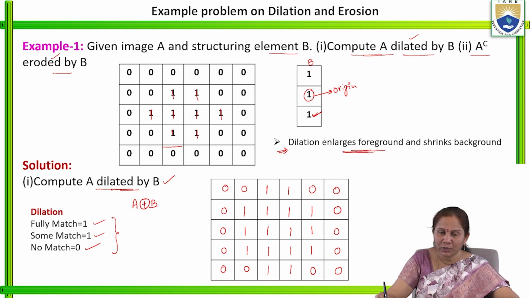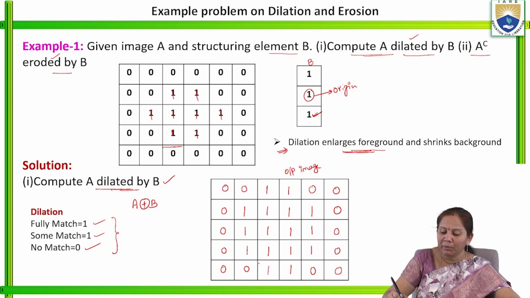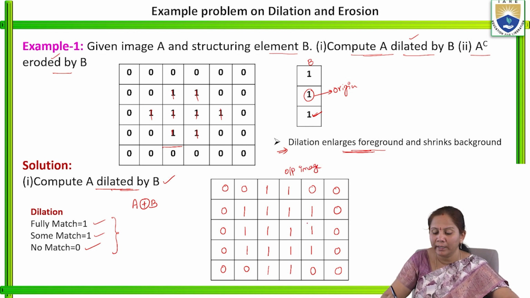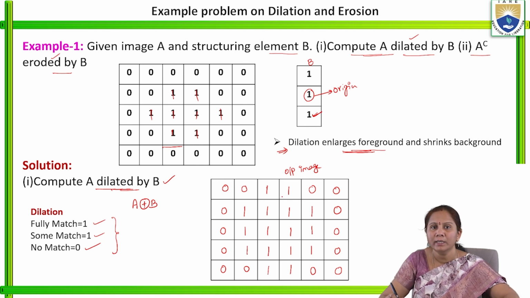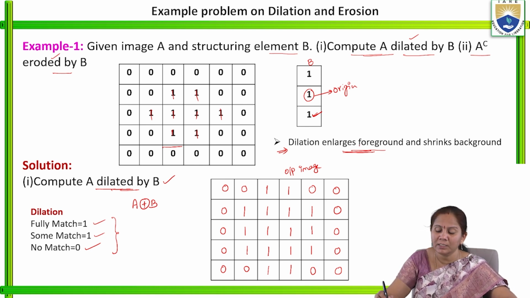The foreground is enlarged. Compared to image A, in the output image the number of ones has increased. The area occupied by all these ones has increased. So from this, we can say dilation enlarges the foreground and shrinks the background.